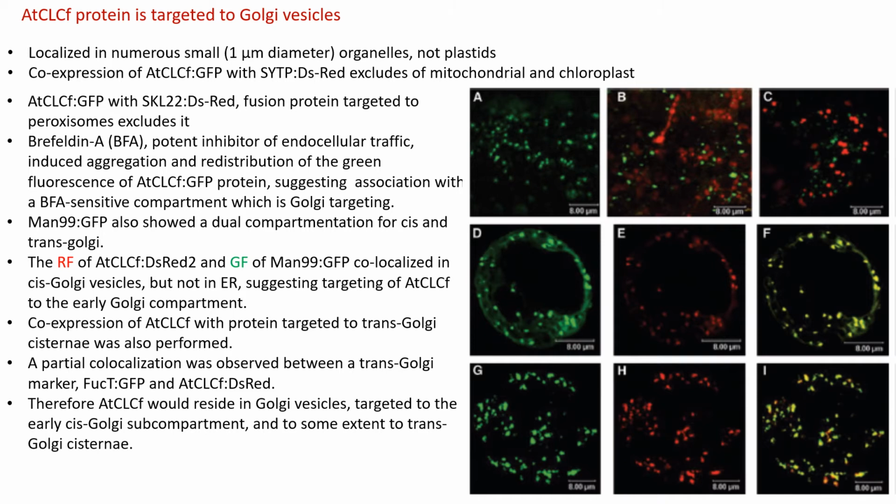Co-expression of ATCLC-F with a protein targeted to trans-Golgi cisternae was also performed. The results obtained by using the FUCT GFP, which is a marker only for trans-Golgi, suggested that this ATCLC-F resides mainly in the early cis-Golgi subcompartment, the cis vesicles, and to a lesser extent in the trans-Golgi cisternae.